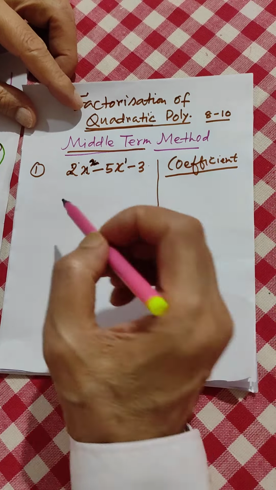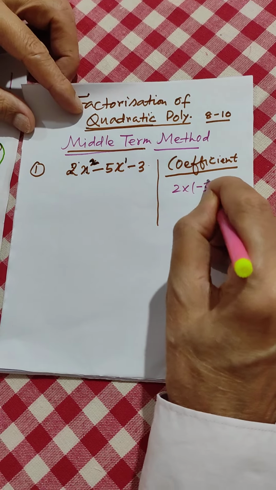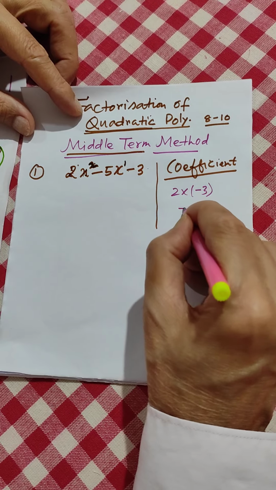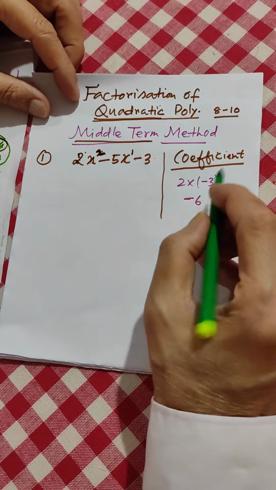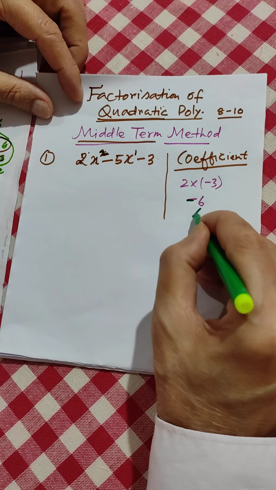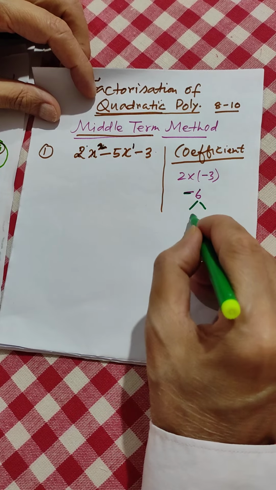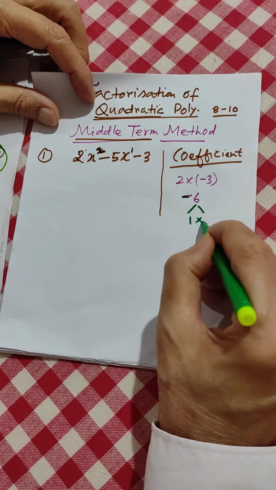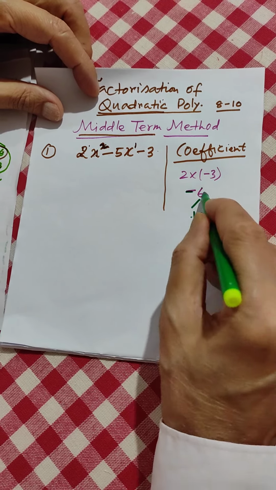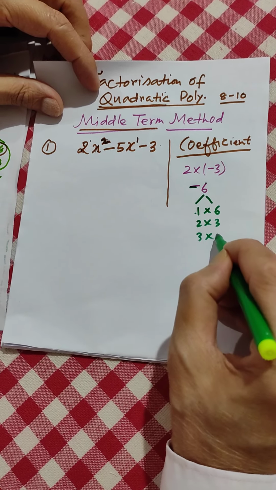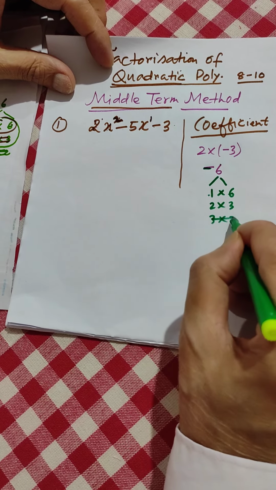That means we multiply 2 and minus 3. So 2 into minus 3 is minus 6. Alright. Now this 6 we split into pairs of factors. So 6 is 1 into 6, 2 into 3, then 3 into 2. Now 3 into 2 and 2 into 3 are the same thing, so we'll reject this.